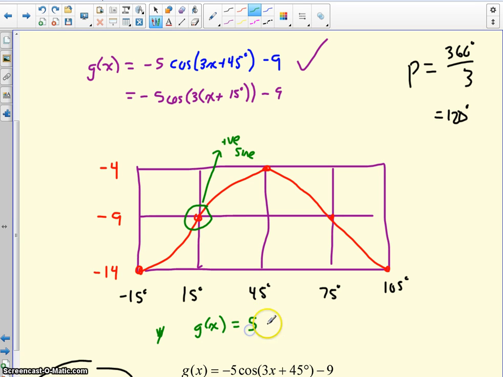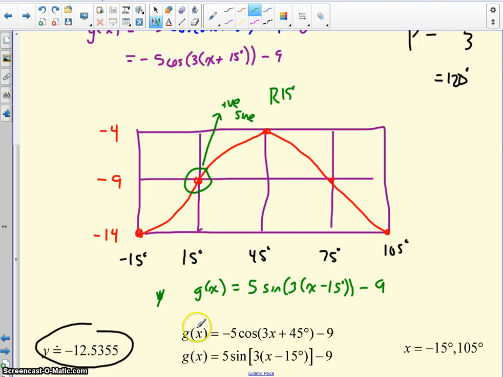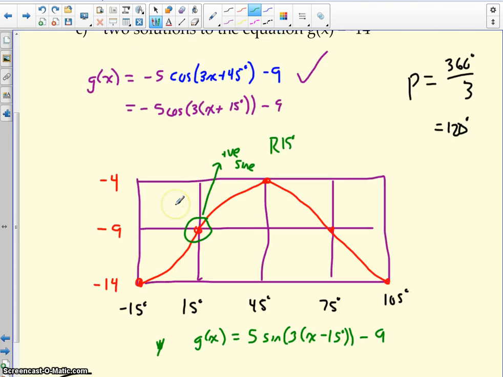So it's going to be positive 5 sine of 3. Now, if I'm starting here, it's starting at positive 15 degrees, so it'll be a phase shift right 15, it'll be x minus 15 degrees. Okay, I always want to make a note here of your phase shifts, so you don't make a mistake like I just did. So right 15 degrees, and then I go minus 9 for my axis. This is another possible equation that's going to be completely equivalent to the one we just had.